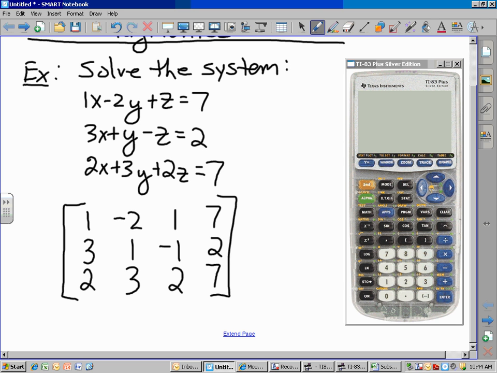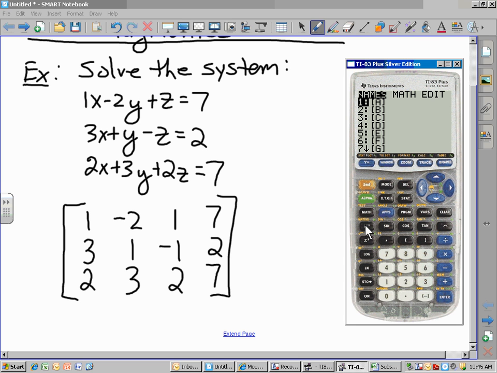We're going to put this matrix into our calculator. So, on the calculator, if we hit second, and the button right below the math button, next to the x^-1, you'll see in yellow it says matrix. Second matrix. We're going to edit matrix A. So move your cursor over so it's on top of edit and choose A. Now we have to decide, and this is something hopefully you remember from Algebra 2, the size of the matrix.